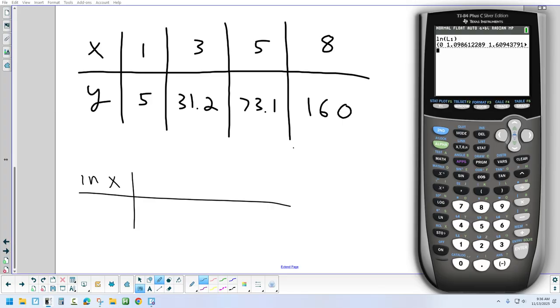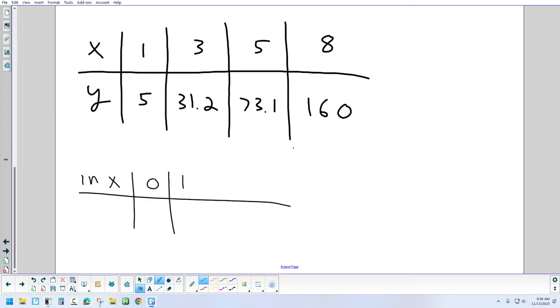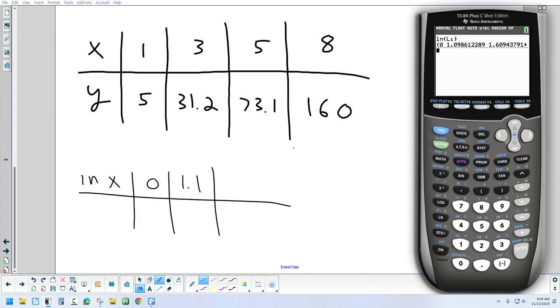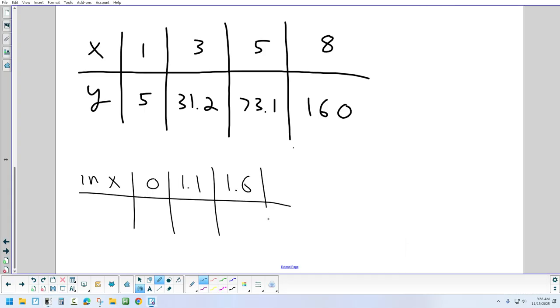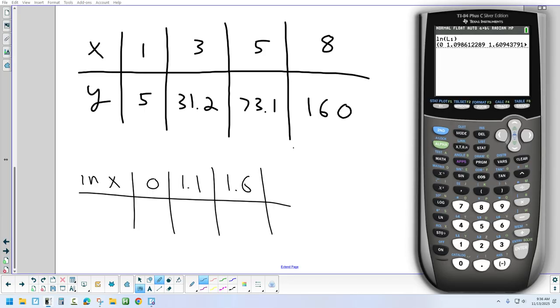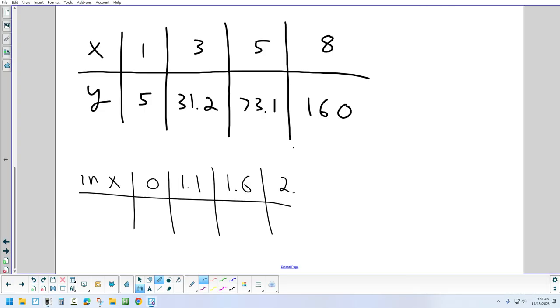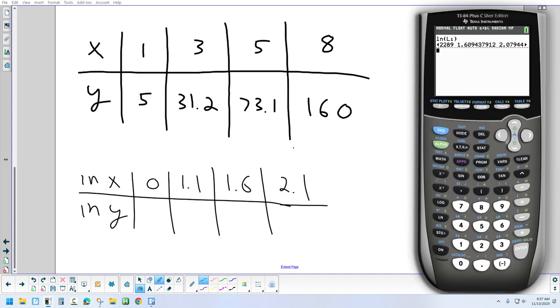We've got 0, 1.1, 1.6, and if we scroll to the right, there's one more, 2.1. Okay. Now do the same thing for the y's.